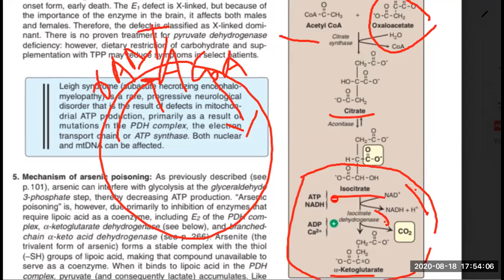And now what you see over here is, because I told you TCA cycle generates ATP, TCA cycle makes more ATP. So if there is more ATP or more NADH, this cycle will inhibit. But if there is less ATP, or you can say a low energy molecule like ADP or AMP, this cycle will promote. Also, calcium has a role in promoting this cycle.